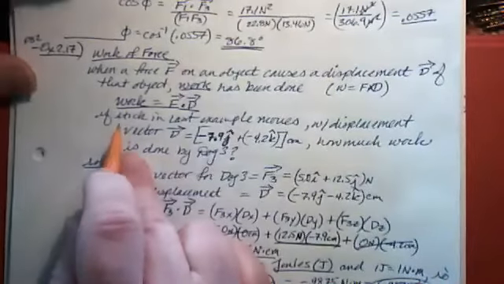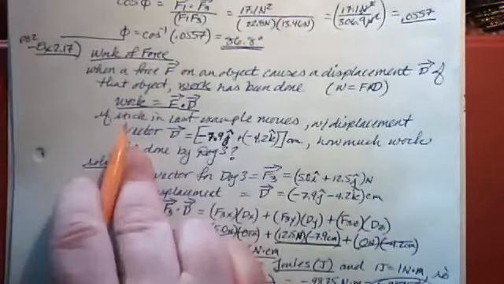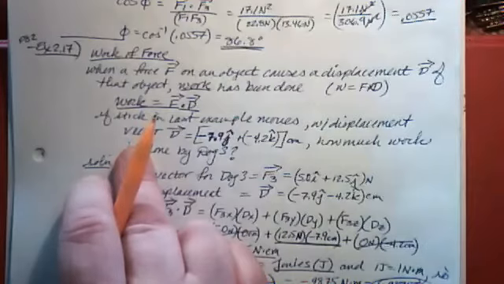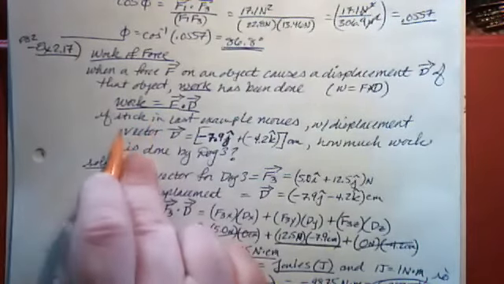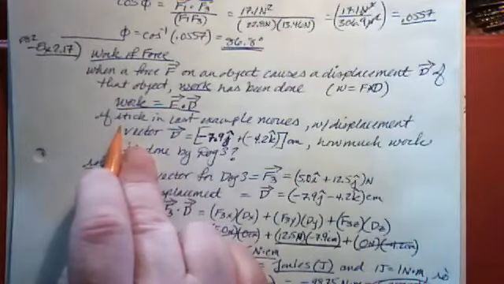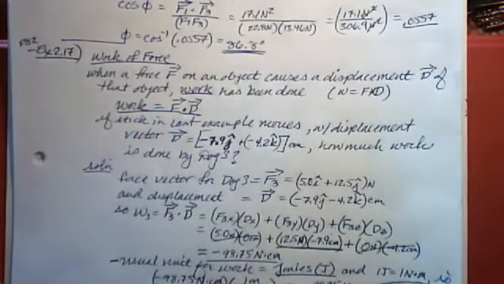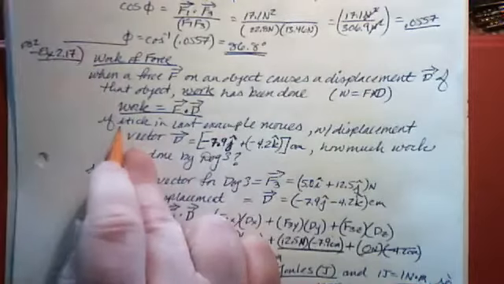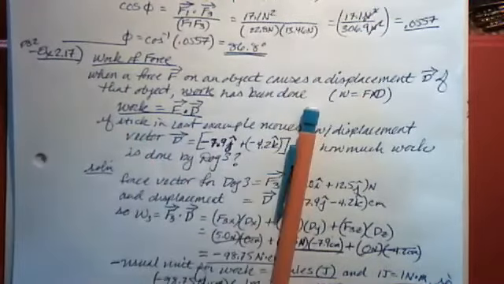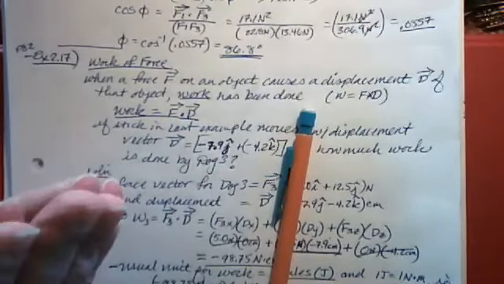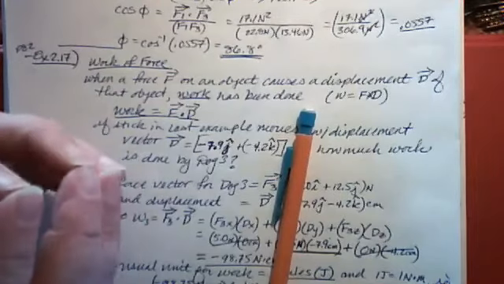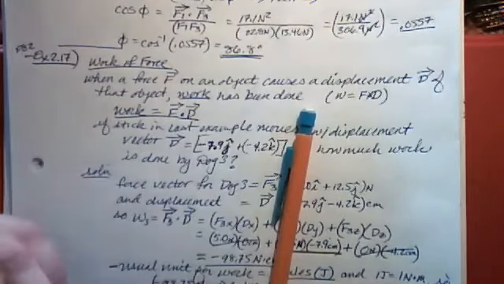Working with the dogs again, going back to that last example where we had dog number 1, dog number 2, and dog number 3 pulling on the stick with a certain force, and the equations for the individual forces were given in terms of the unit vectors. That previous example was done assuming that the stick didn't move, because if it moves, then that's a whole other set of problems.